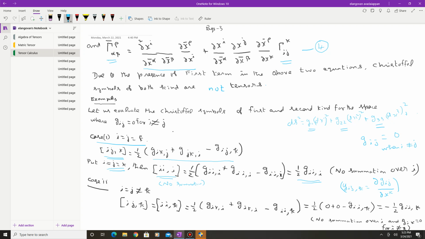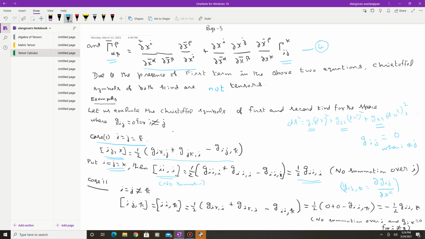Therefore g_ij,k means partial d g_ij, differentiated partially with respect to x_k. The comma means a partial derivative with respect to the coordinate x.